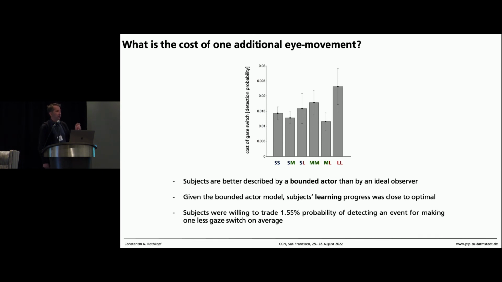And so we saw that they got worse in the easy conditions, and that's because they traded task performance for doing fewer eye movements, right? So on average, they were willing to give up 1.55% detection probability in the task for doing one less eye movement.